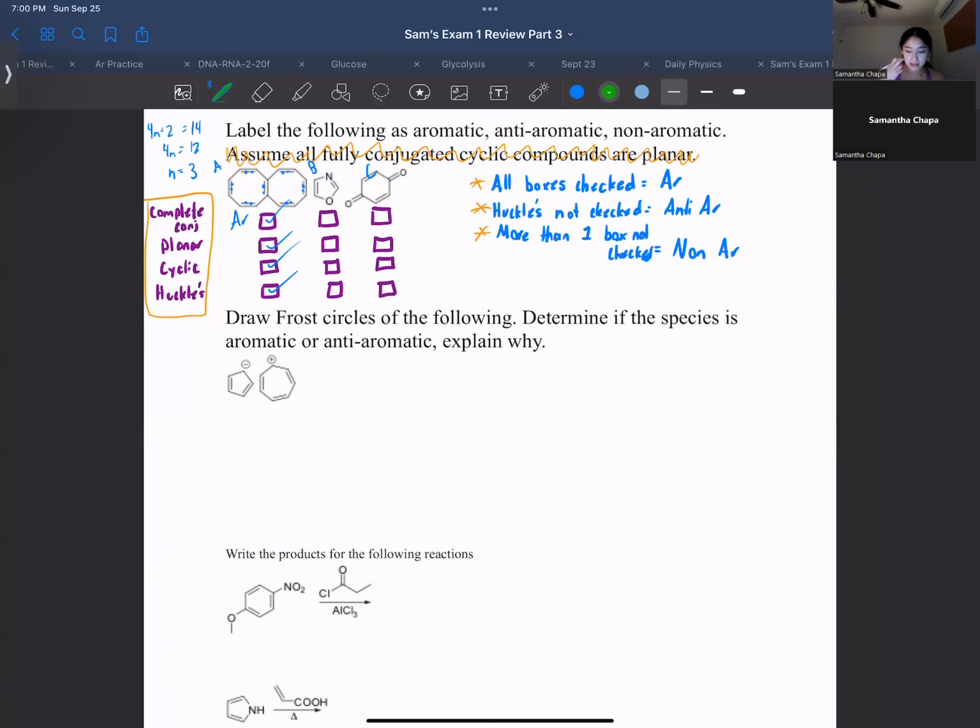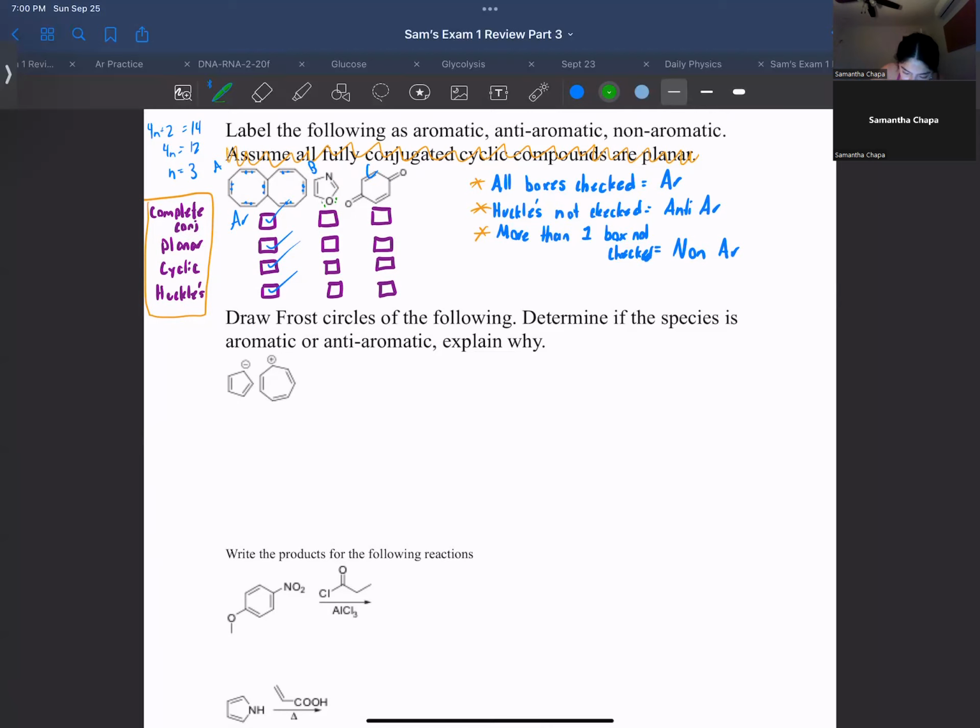This one is going to be a little bit more challenging because we need to know what counts as pi electrons. So just know that if your electrons on a heteroatom are in the p orbital, you're able to resonate, and then you can count those as pi electrons.